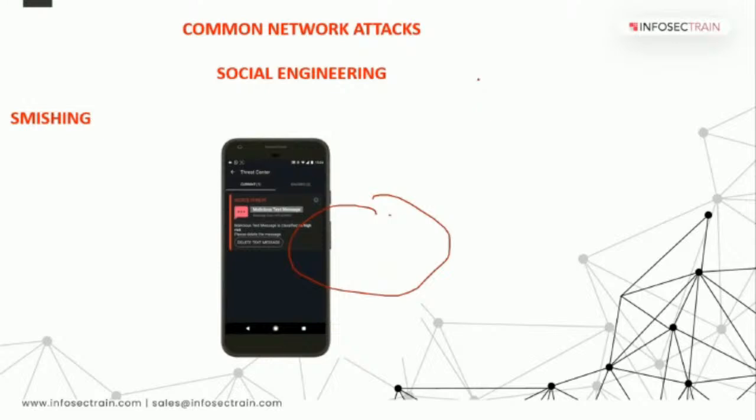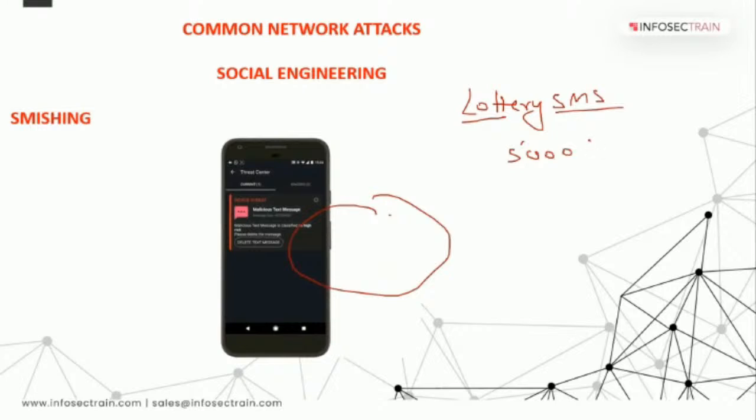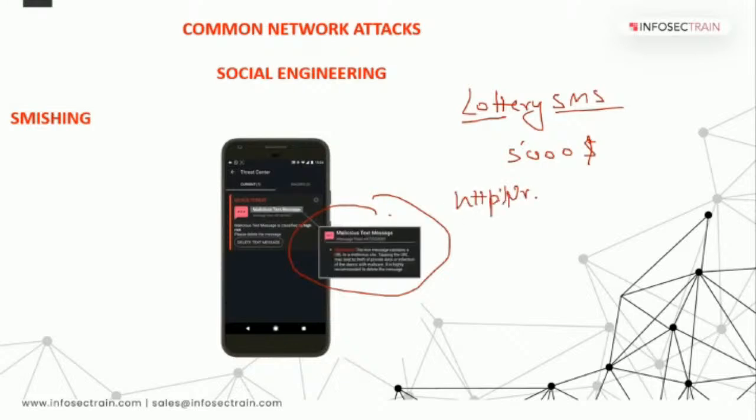Like if you have experienced a lottery SMS saying that you have won a lottery of $5,000, and to claim that, click on this link, and there was some URL, HTTP and some URL.com.